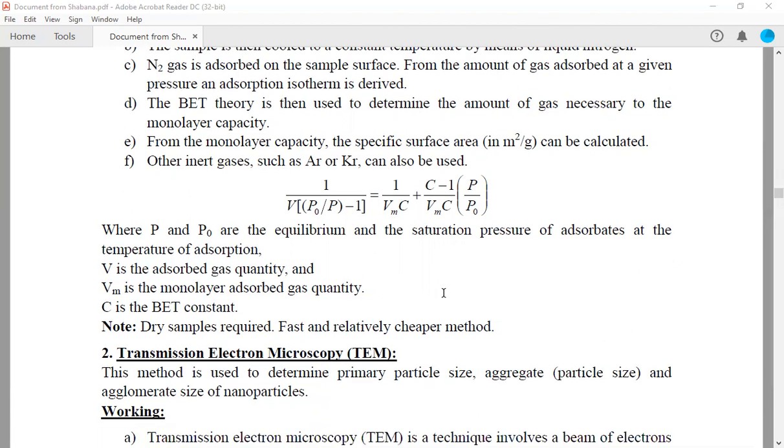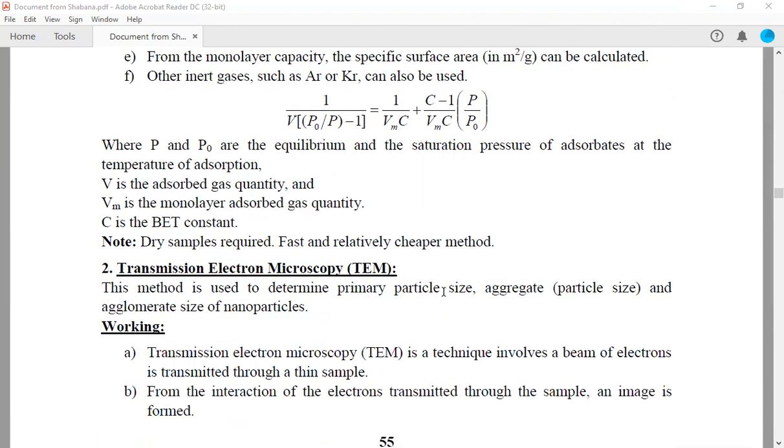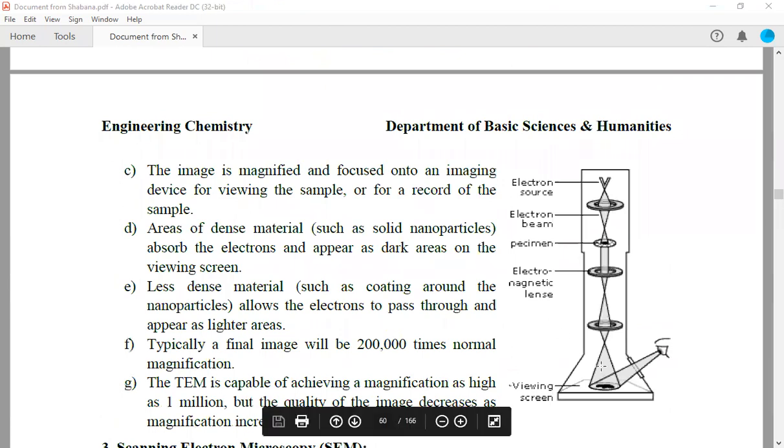Coming to the working of transmission electron microscopy. This technique involves a beam of electrons which is transmitted through a thin sample.